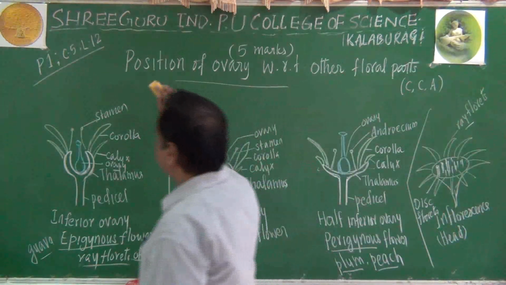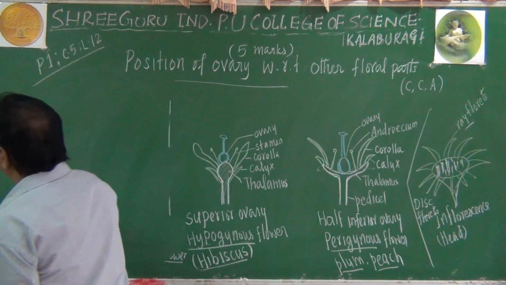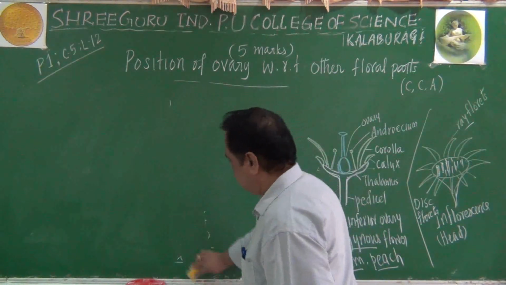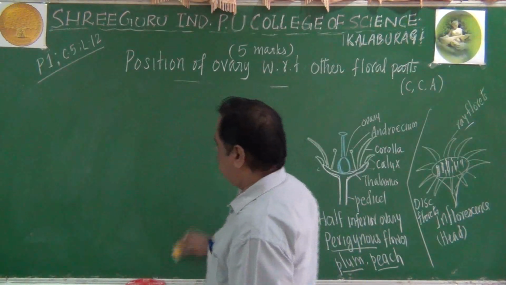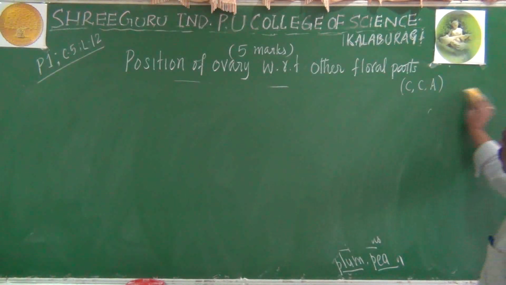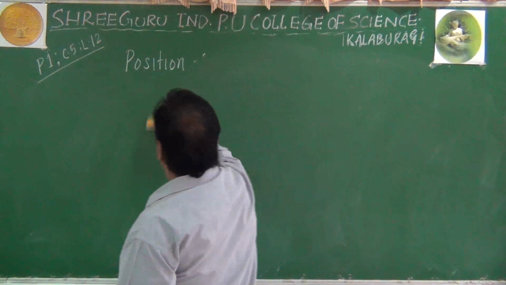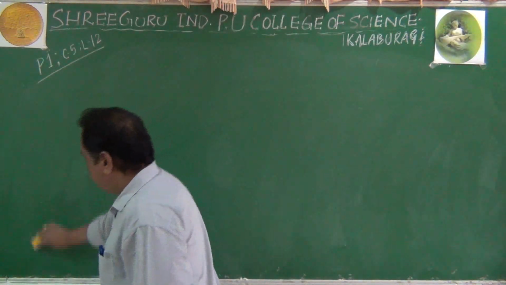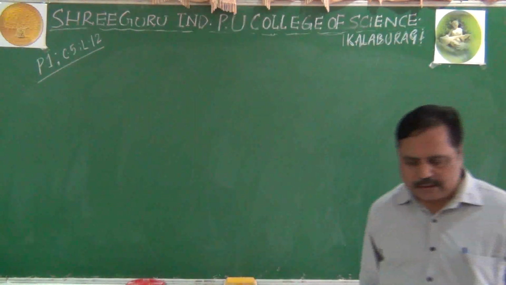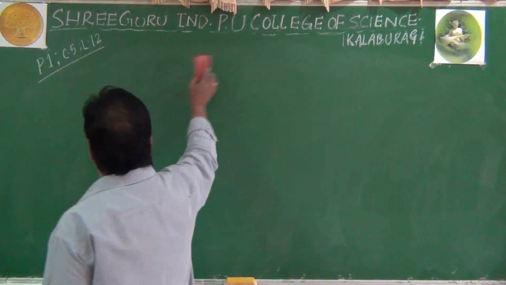Okay, students, let us continue. Further points here. We have seen about different terminologies related to a flower. We are seeing about the morphology of flowering plants, where root, stem, leaf, like that, various parts we have seen.